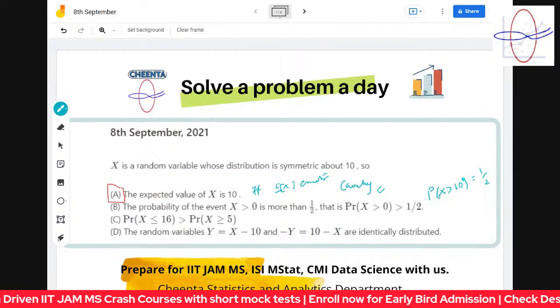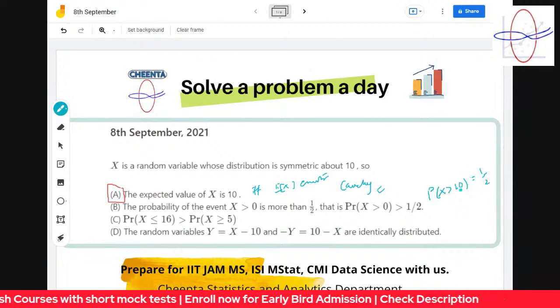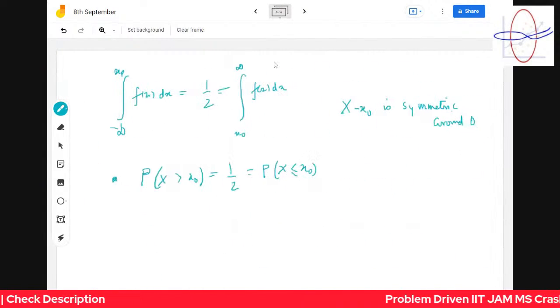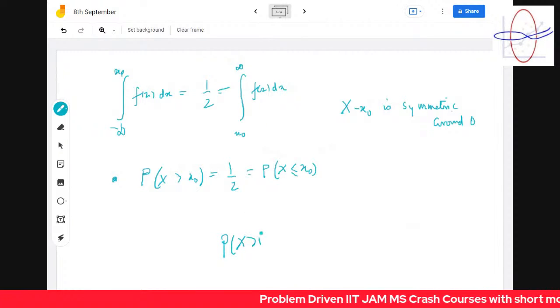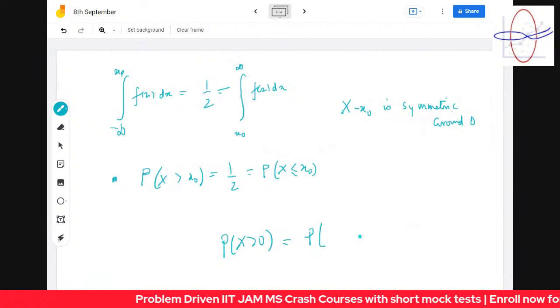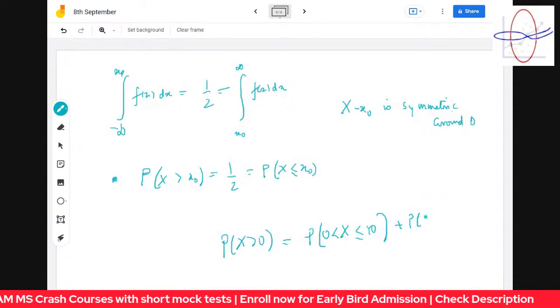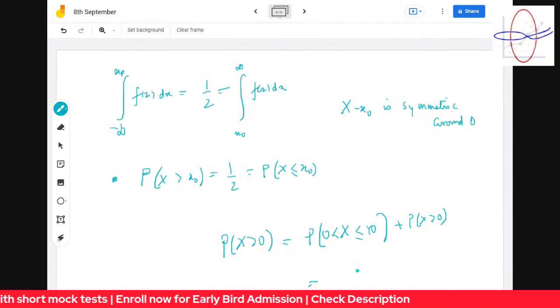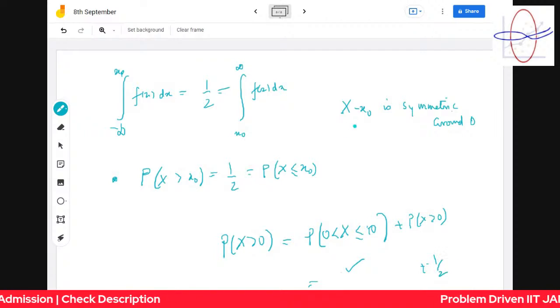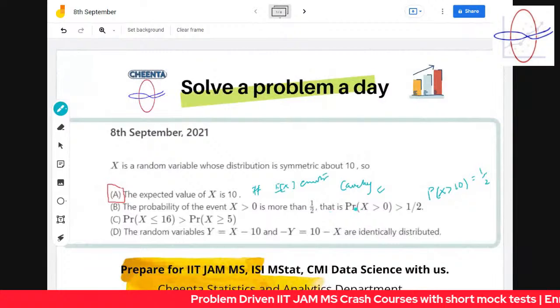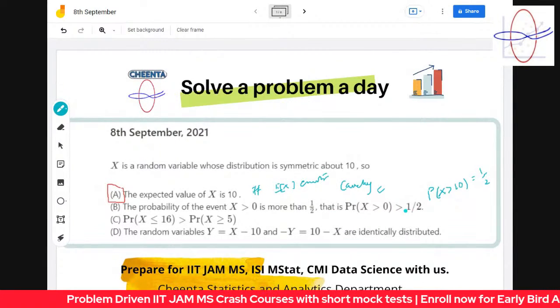And since it's symmetric around 10, probability x greater than 0 is the probability x less than or equal to 10 and greater than 0, plus probability x greater than 10. This is equal to this plus half.